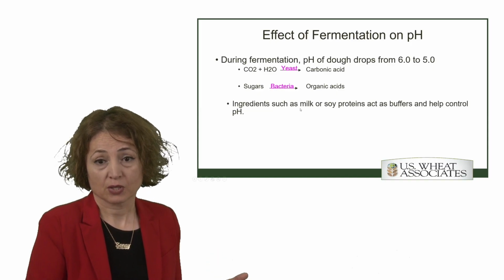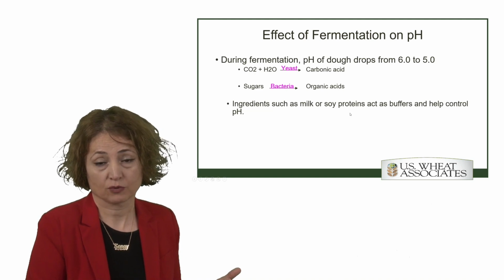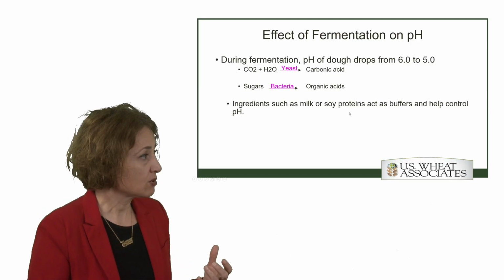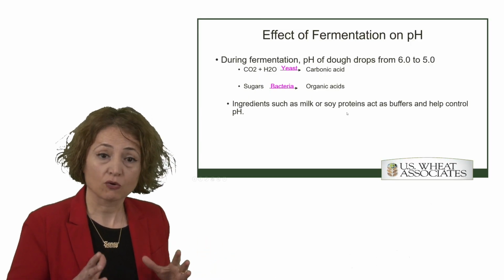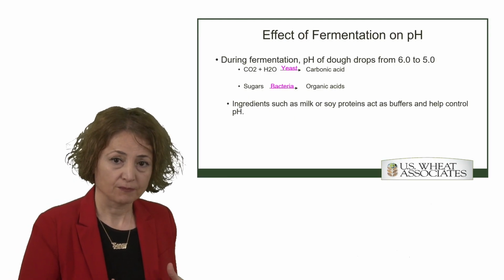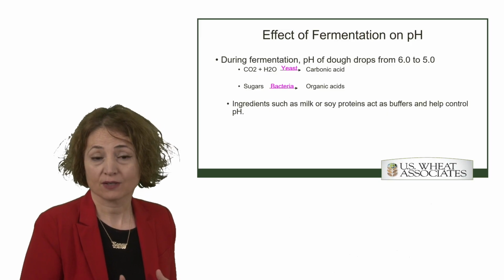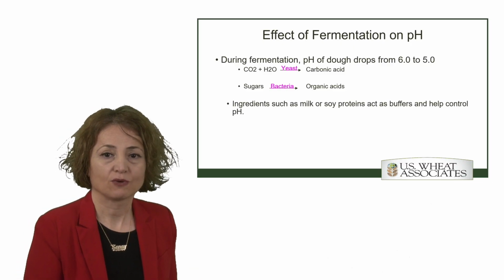Ingredients such as milk or soy proteins act as buffers and help control the pH. The function of buffers in biochemistry is to control the pH because they prevent pH changes. So soy proteins or milk act as buffer systems in baking formulations.